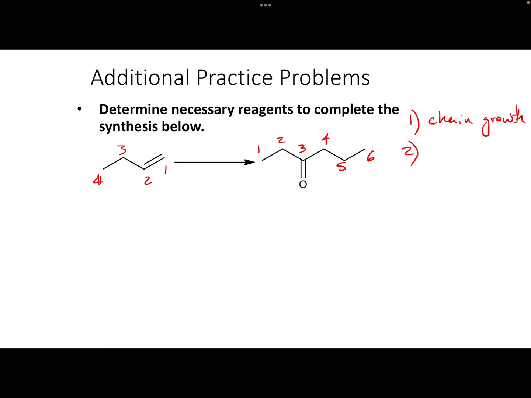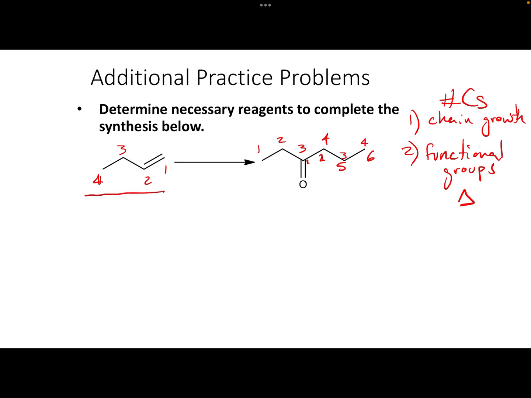And then as you're looking at your multi-step synthesis, you look for functional groups. So number of carbons is the first thing you check for, and then functional groups. So we definitely are changing our functional group. It's going from an alkene to a ketone. If we count, starting at our ketone, we have 1 carbon, 2 carbons, 3 carbons, 4.